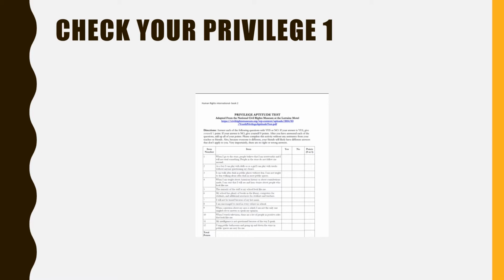When you check your privilege, you find out whether you are privileged by these implicit biases in society or whether you are not. So you can use this document here to check your privilege and see what you find out.